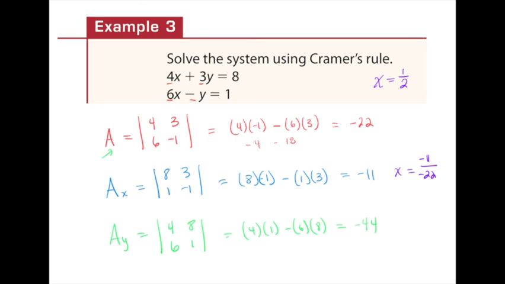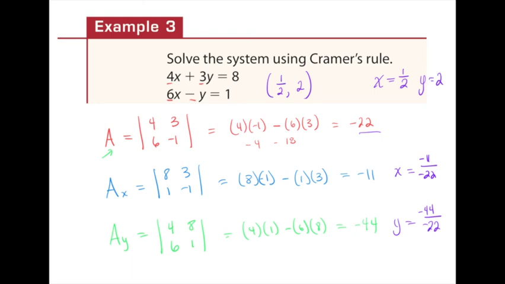My y is going to equal my y determinant divided by my coefficient determinant, -44 divided by -22, so y equals 2. This tells me the coordinates 1/2, 2 would be the answer to this. Those will be my coordinates, okay?